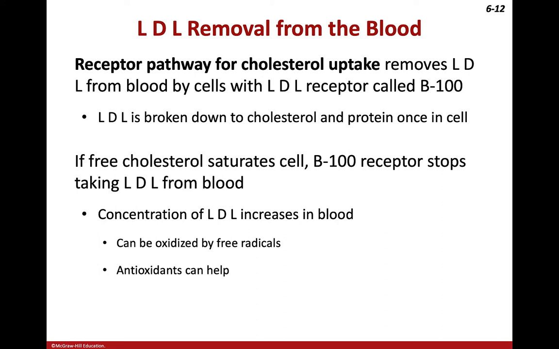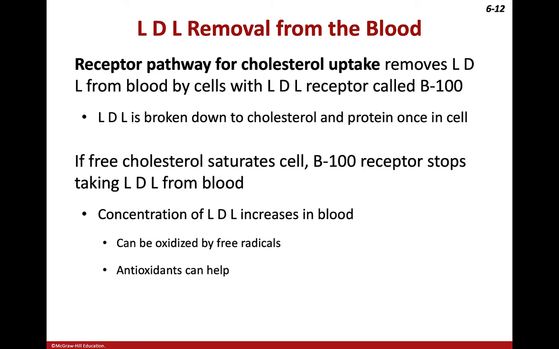If free cholesterol saturates the cell, then that B100 receptor stops taking LDL from blood. This is how we start to see the concentration of LDL increasing in the blood, and here's one of the issues that happens. This LDL can be oxidized by free radicals.